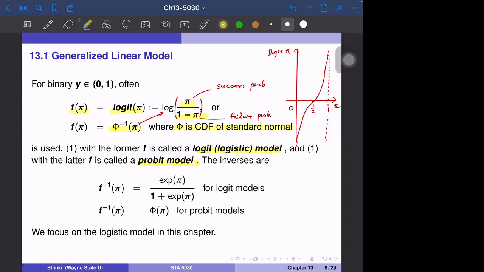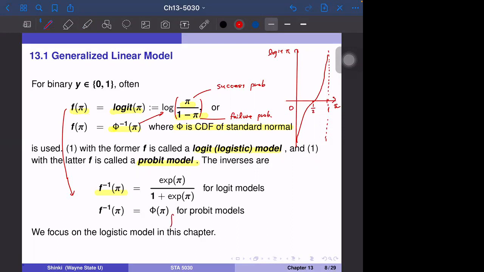So f inverse of pi is exponential of pi over 1 plus exponential of pi. This is just quick algebra, so you can derive it from here. And obviously for the second one, f of pi is phi inverse of pi, so f inverse of pi is phi of pi. This is for the probit model.